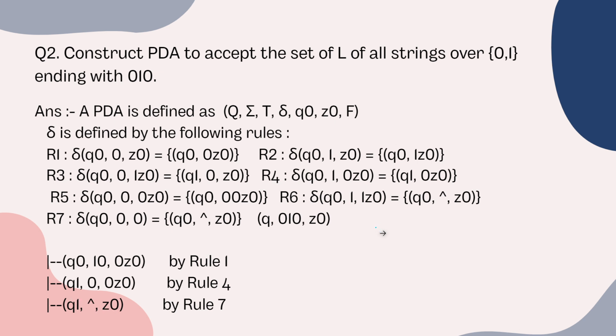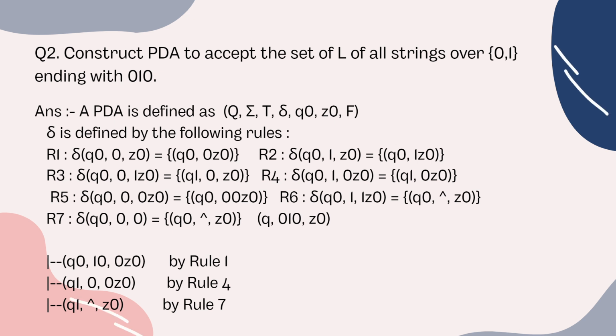Then we have rule 7, given as delta(q0, 0, 0) = (q0, ε, z0).